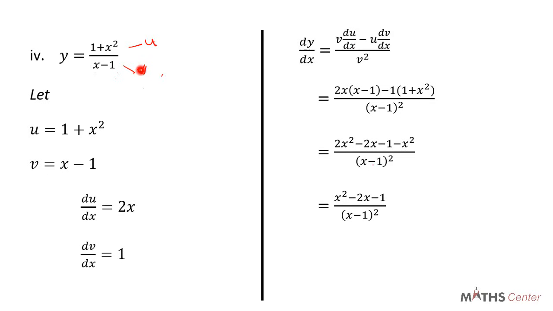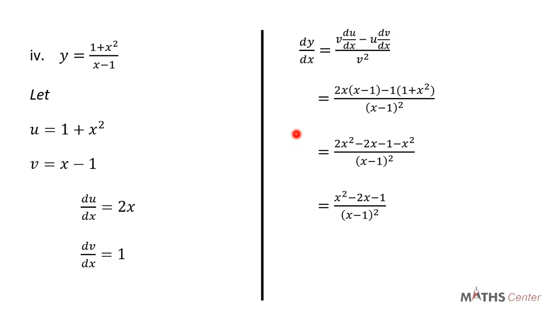So keep the denominator, differentiate the numerator, minus keep the numerator, differentiate the denominator, divided by the denominator squared. That gives us the quotient rule.